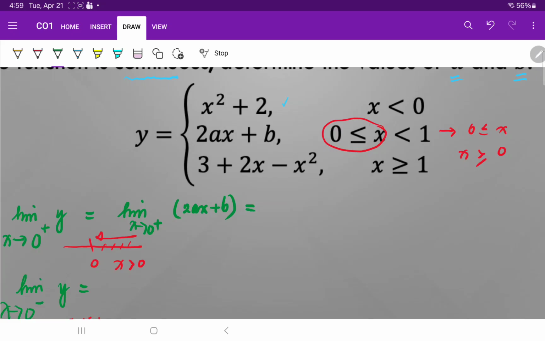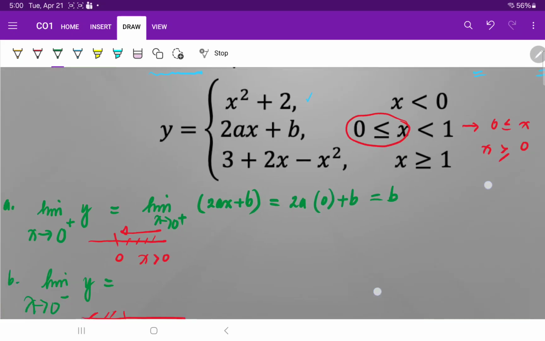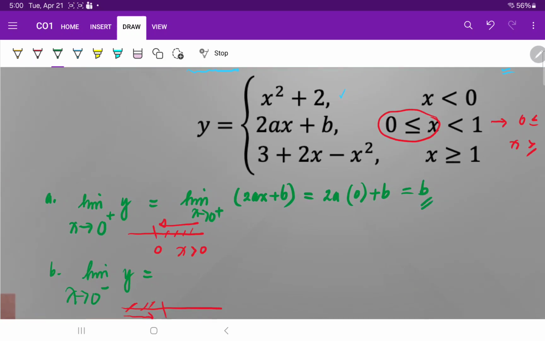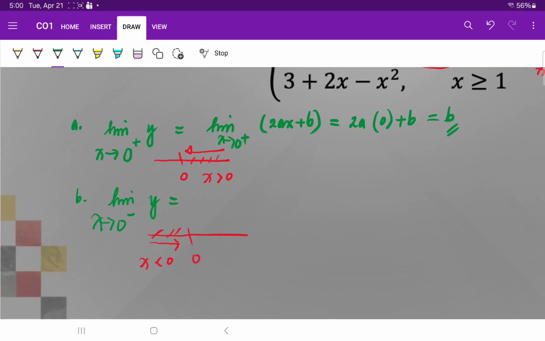If you want to find the limit of 2ax plus b, we substitute 0 for x, and so we get b. So the limit of y as x approaches 0 coming from the right is b.